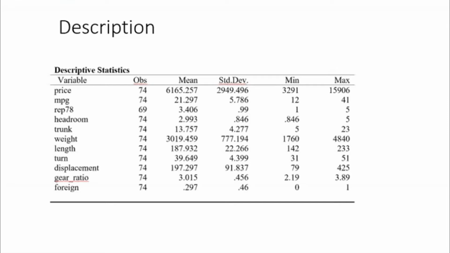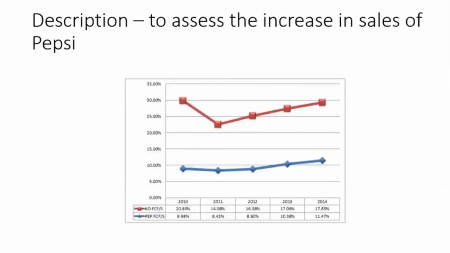Is description clear? If it's clear, please type a yes. I'll show you papers. Okay, clear. Now, again, things like this. How is the sale of Pepsi increasing in the past 10 years? Description. No new variable.